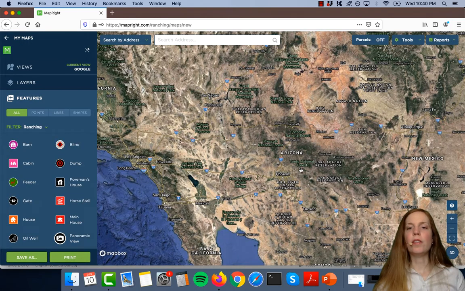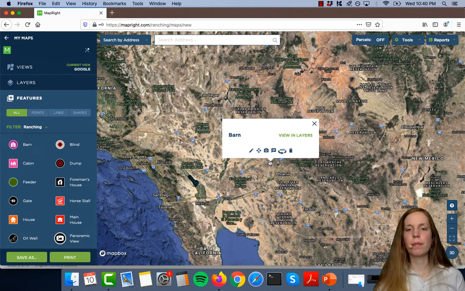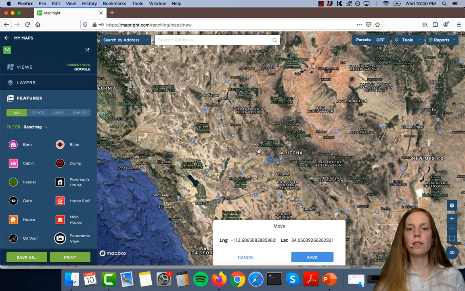Say you have the GPS coordinates, you know they're in Arizona. You can drop this barn icon anywhere in the map. Then when you click on it, you click on this GPS icon, and then you can just put in your GPS coordinates. And keep in mind that the longitude is first here, not the latitude.